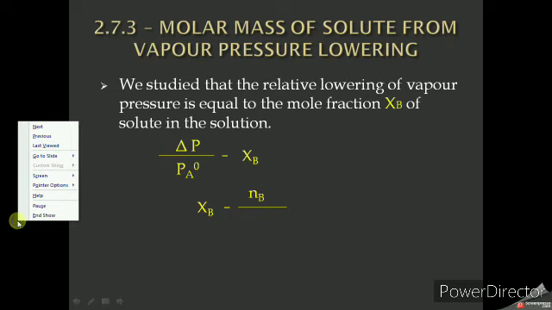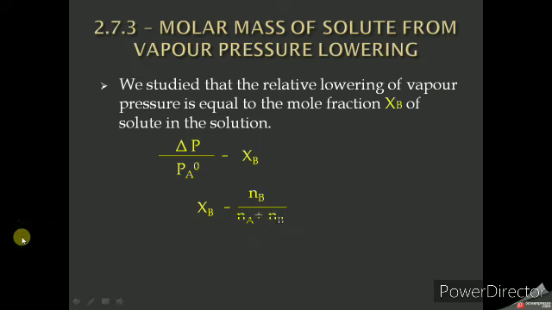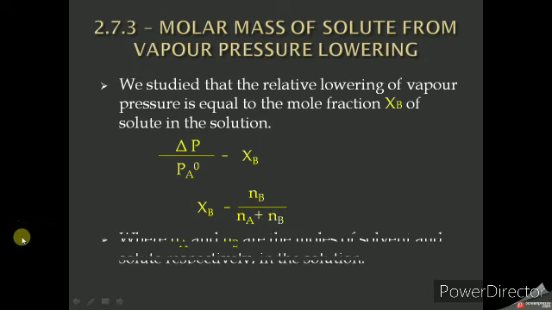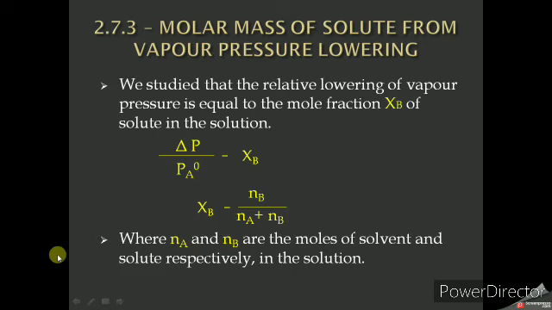The mole fraction Xb is nothing but the number of moles of that substance, here the solute, divided by the total number of moles. So there are two components A and B, and the mole fraction is the number of moles of that particular component divided by the total number of moles. So Xb is equal to Nb divided by Na plus Nb. Na and Nb are the moles of solvent and solute respectively in that particular solution.